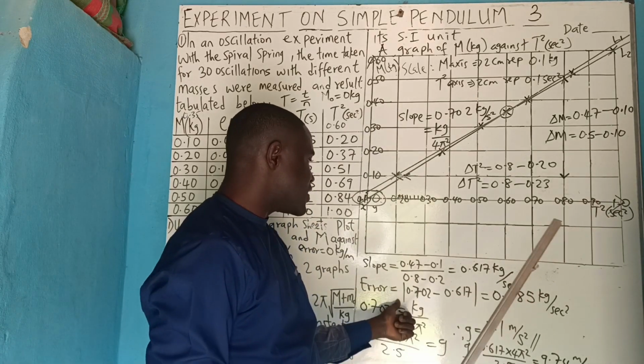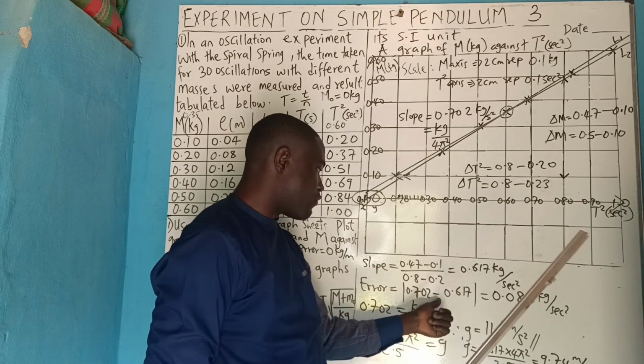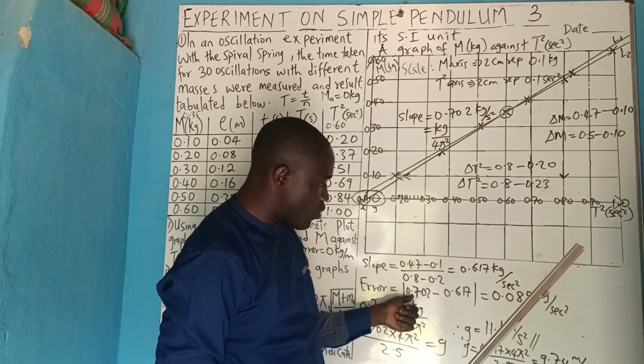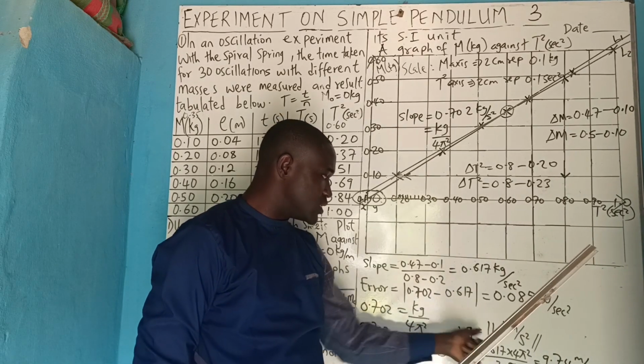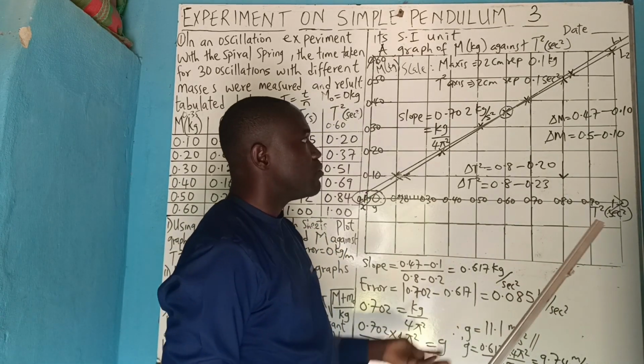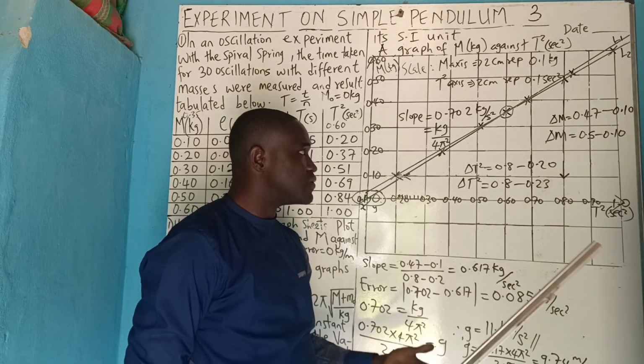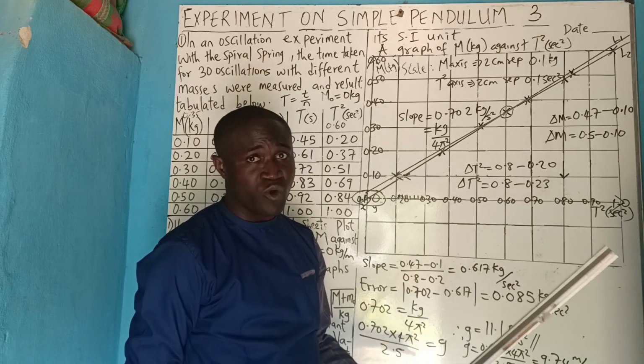That means both of them are lines of best fit, but you have to take one as the line of best fit and the other one as the line of worst fit.